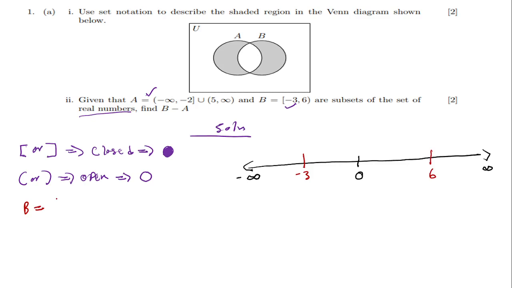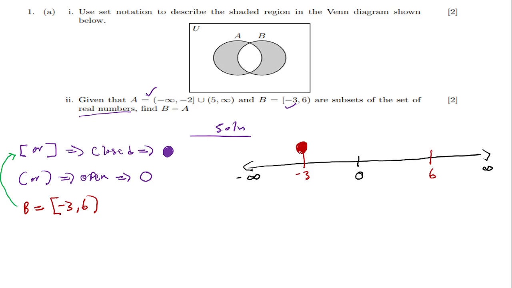So what you are going to do is to know whether -3 is part of the answer or not. In this case, -3 is part of the answer, so you're going to use a closed bracket or a shaded circle, just the way I've explained that.